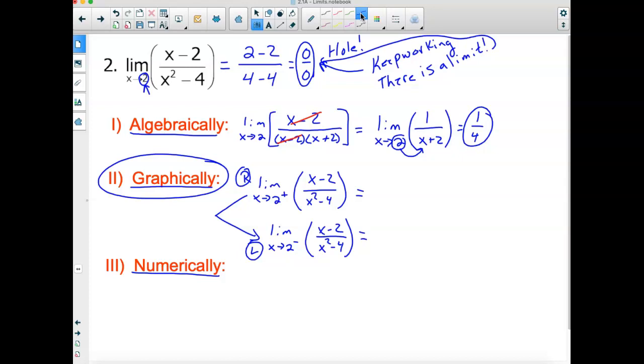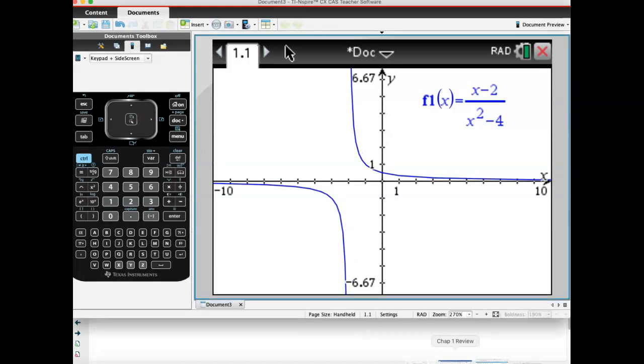It's not there. When we're doing it graphically, 99% of the time, we will use our calculator, or the graph will be given to us. So if you grabbed your calculator and typed in your function, okay, it's a nice looking function there. I can see it. We are going to use the trace function on our calculator.